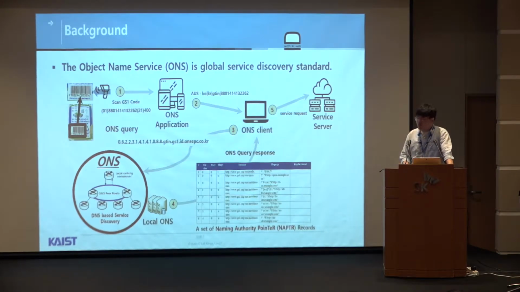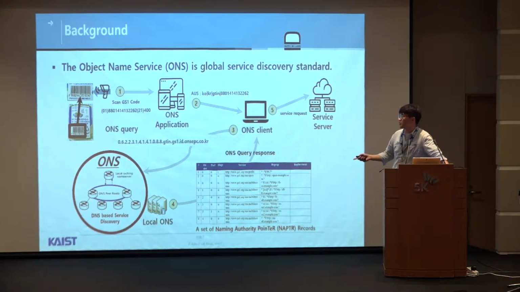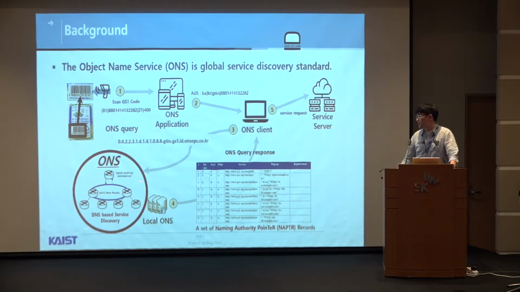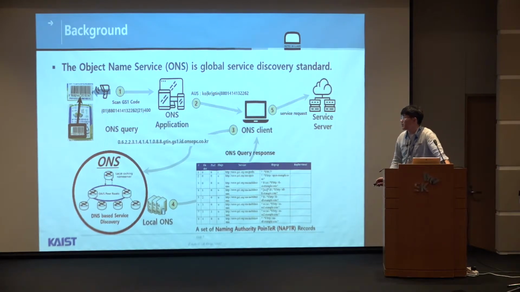So this ONS system operates based on the GS1 code and DNS-based service discovery. The process of the ONS is very simple. Just scan some barcode or scan this GS1 code through the camera or Bluetooth, Wi-Fi, any media.